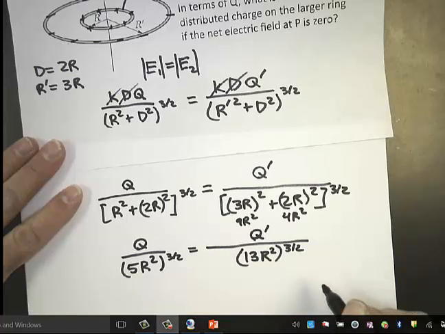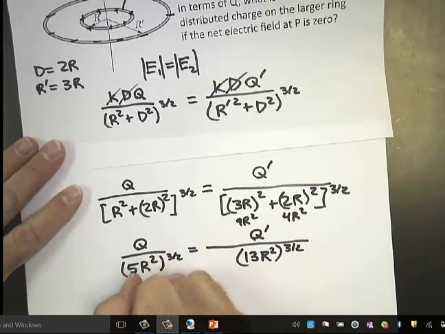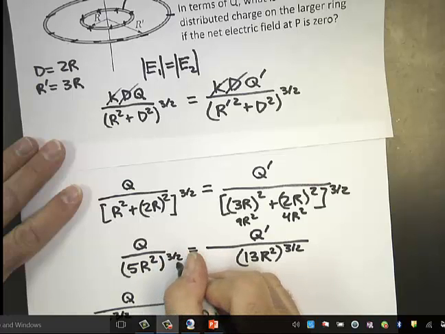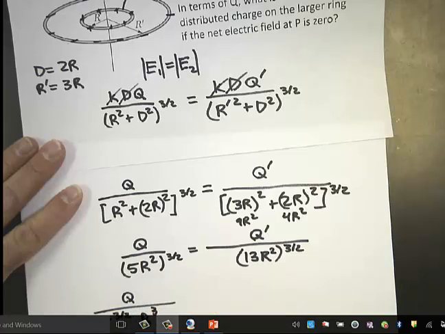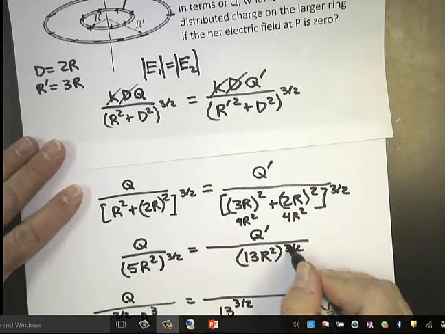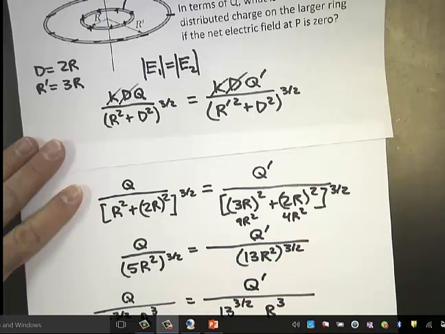Let's separate this out. I've got Q on top, 5 to the 3/2 power, and R squared to the 3/2, which is just R cubed. Over on the other side, I've got 13 to the 3/2 power, and again R cubed, with a Q prime on top.